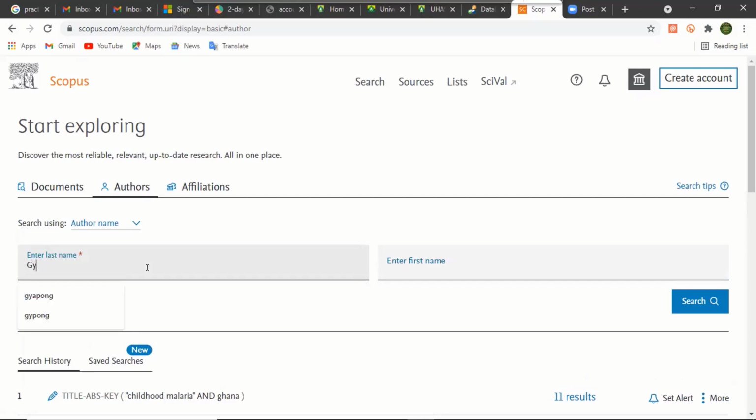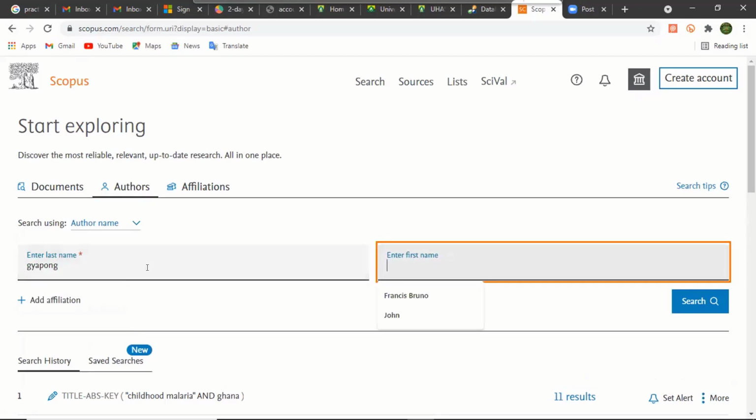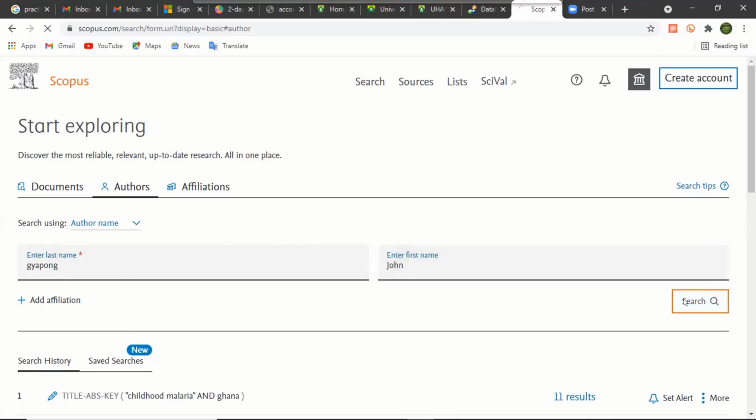So I have Japon as a surname or the last name first. Okay, just come up here. And then for the first name, he's John. So I can decide to add affiliation. I know he has worked in the University of Ghana. He has been at Navrongo Health Research Center. I can decide on which affiliation I'm actually searching, but I'm leaving it broadly. Only the name, and then I go to search.